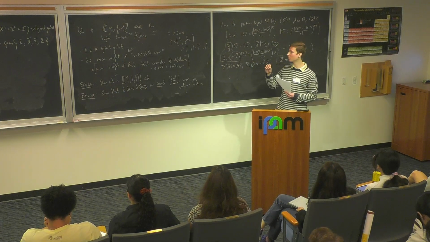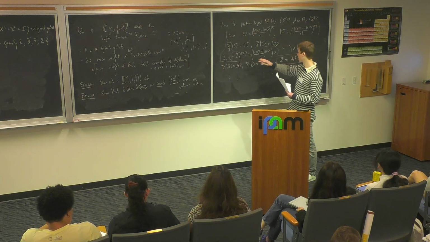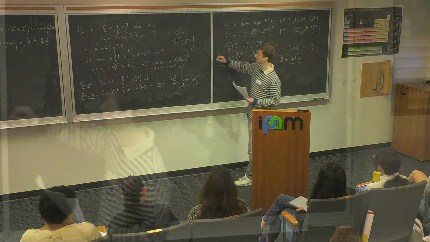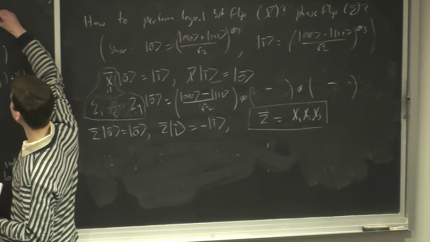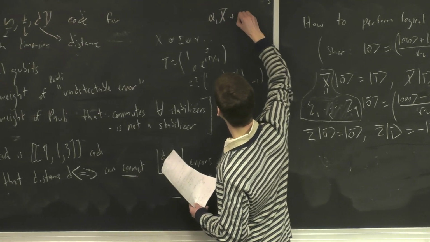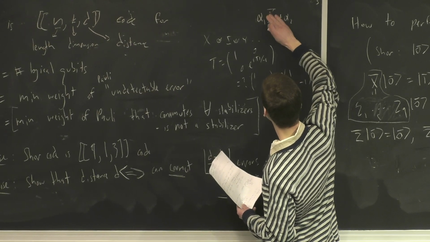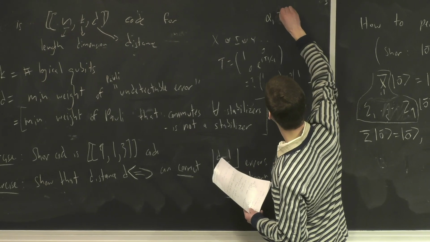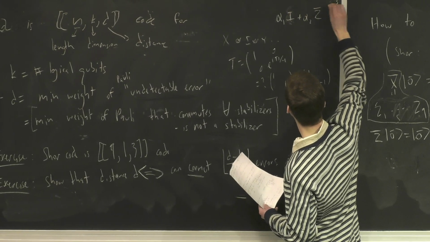You do multiplication. Oh yeah, so right, we will literally have to take logical x and z and take some coefficient, like some alpha 1 times I plus alpha 2 times z bar.